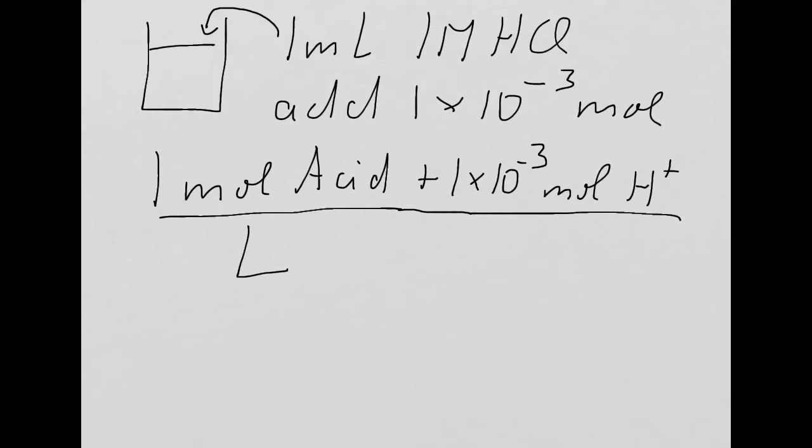That is what we add. So that would give us, in terms of acid, 1.001 mole per liter. That's the acid now. Are you okay with that? So I add the protons to the acid concentration.